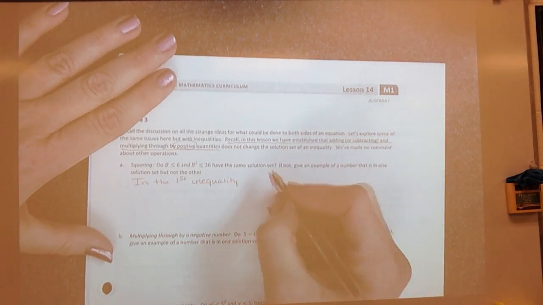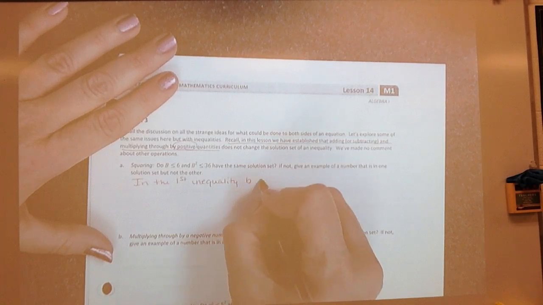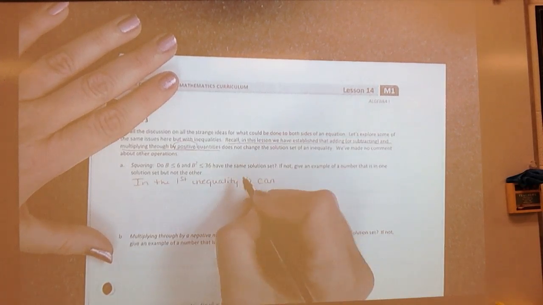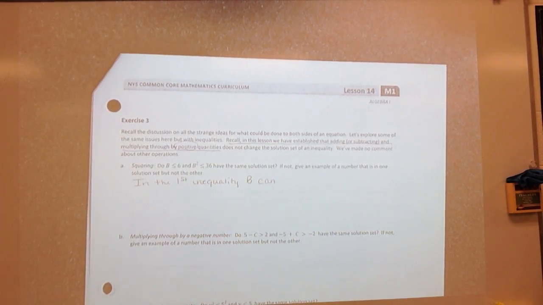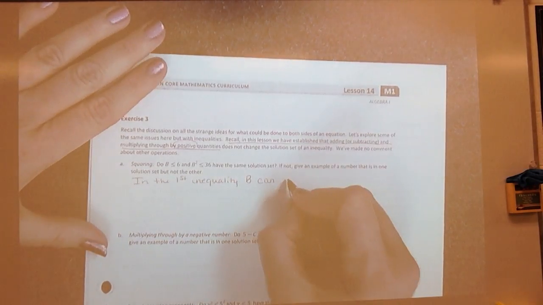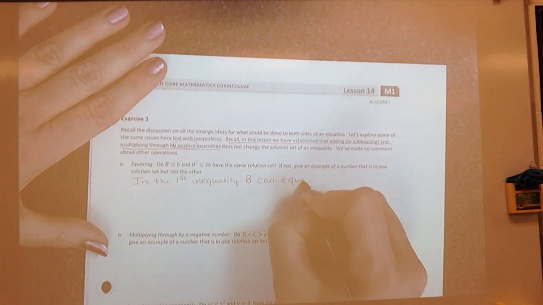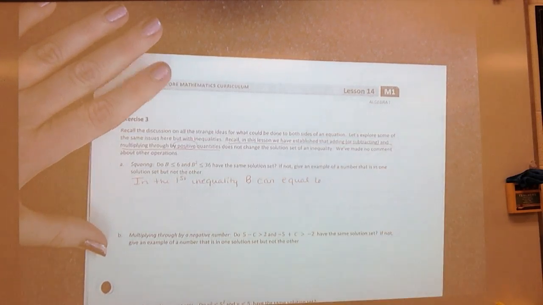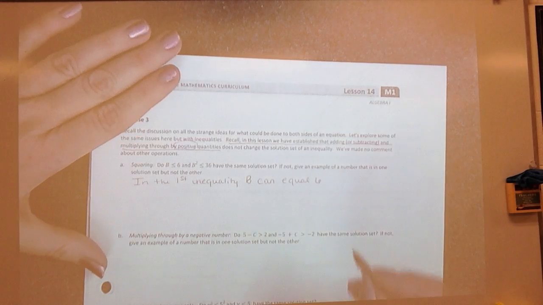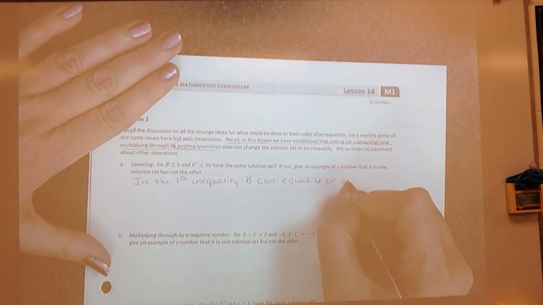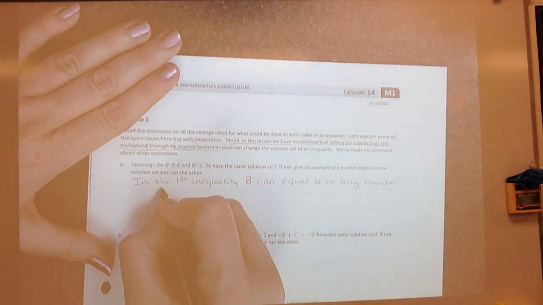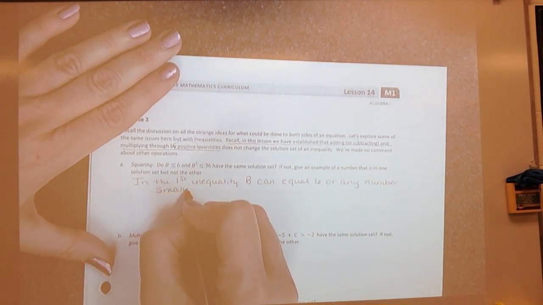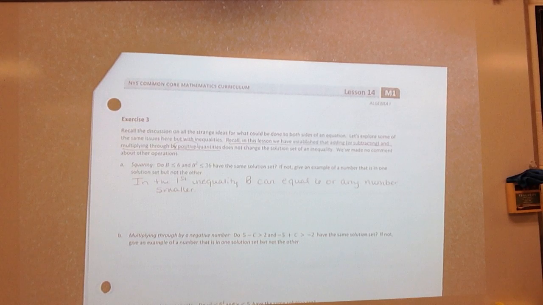Make that a capital B, since that's capital B. Capital B can equal 6 or any other number smaller. Okay, so we've made sense of what that inequality is telling us.